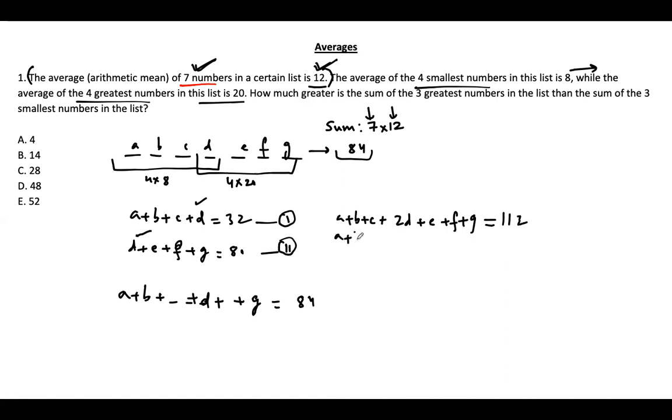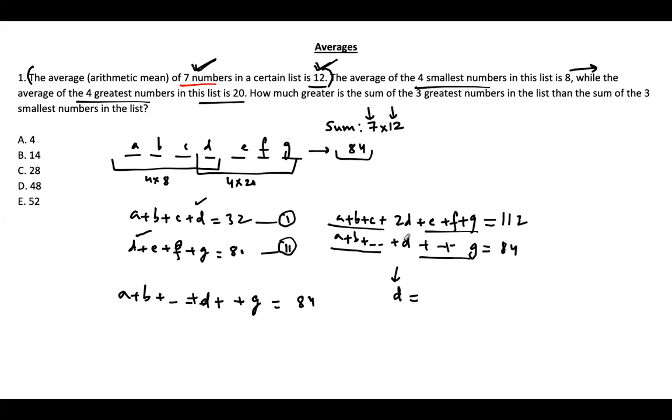And you have one more equation which is A plus B plus C plus D plus E plus F plus G is 84. Can I subtract? And why am I subtracting? Because it has A plus B plus C, E plus F plus G in both. So if I'm subtracting, we'll get the value of D.